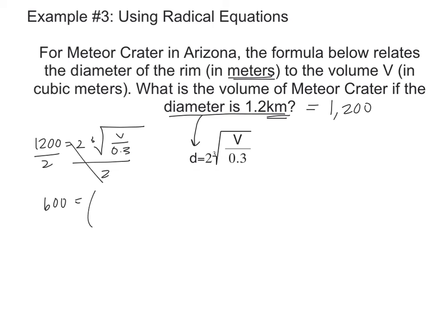That's going to be V over 0.3 to the 1/3. So to get rid of the 1/3, or we could have left it in radical form, doesn't matter, we need to cube both sides or raise each to the 3rd power. Okay, so 600 to the 3rd power.